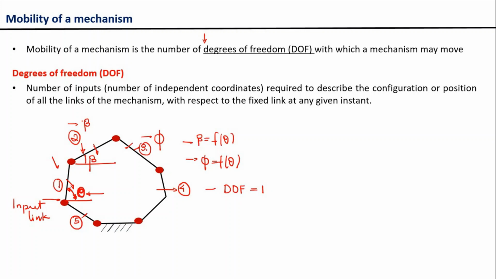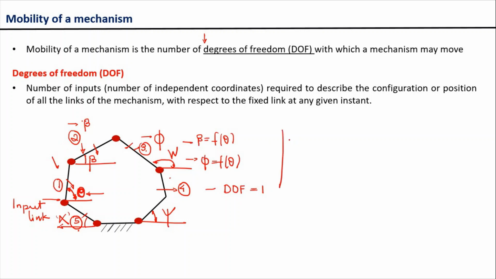Now let us consider links 3, 4 and 5 as the remaining links, and let us say the motion of these links is defined by angles gamma, then psi, and then alpha. Now the motion of the remaining links, that is links 3, 4 and 5, is defined with respect to the motion of links 1 and 2.